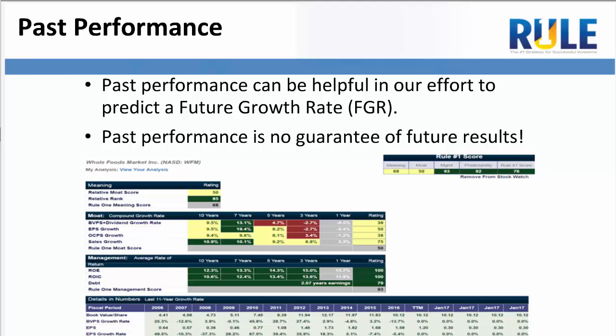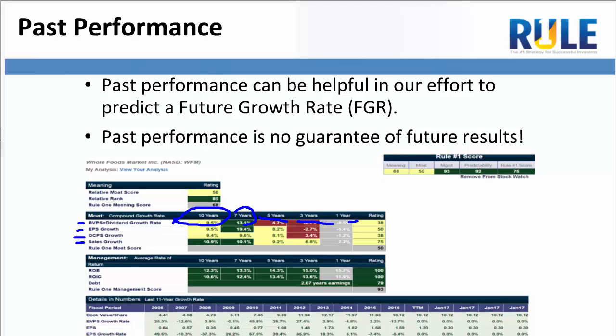Let me see if I can use my little tool here. So you can see we've got a 10-year and a 7 and a 5 and a 3 and a 1. And so we do the growth rate for you for these different categories: book value or equity, earnings, cash, operating cash, and sales. We call those the big 4 growth numbers.